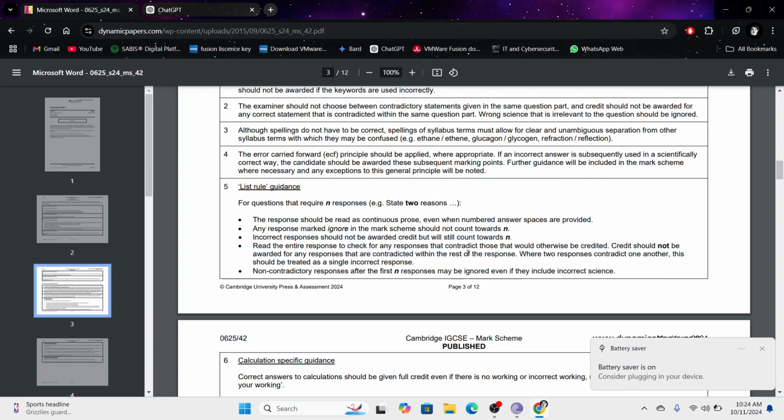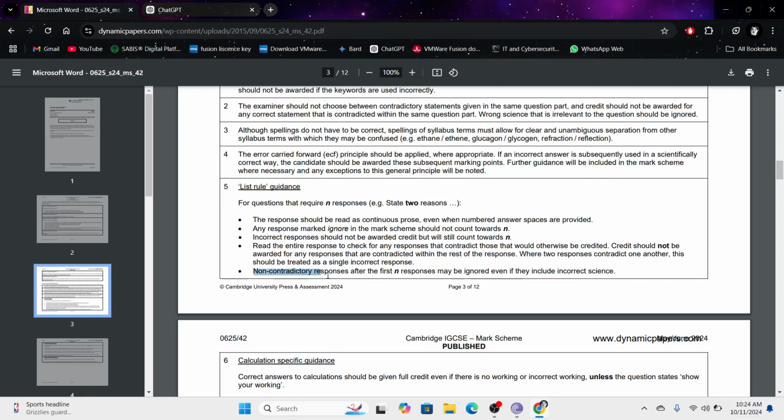Read the entire response to check for any responses that contradict those that otherwise will be credited. So if you write a whole thing correct, like 2 whole paragraphs correct, and you write one wrong sentence that goes against your answer, they mark it wrong. It's treated as a single incorrect response.